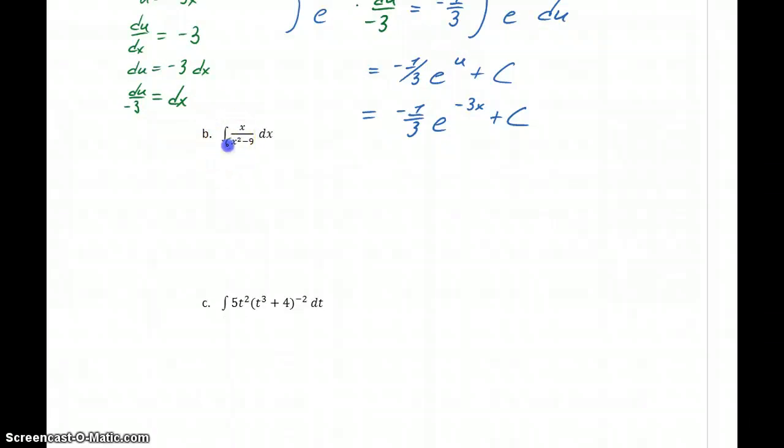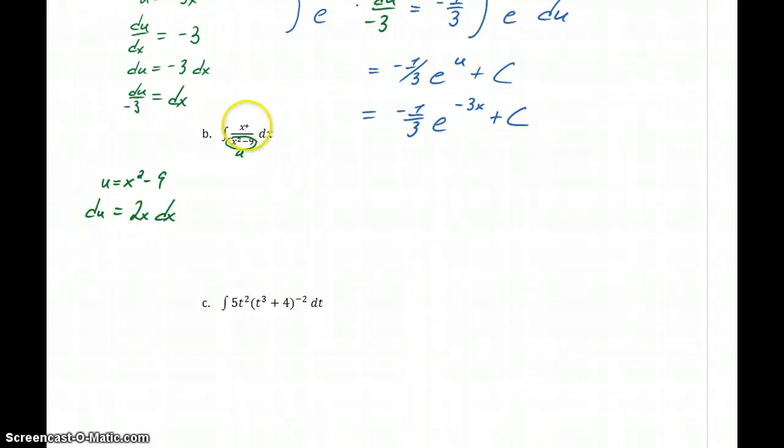So here we have our interior function is x squared minus 9. So we'll let u equal x squared minus 9. Taking the derivative of both sides will give us du equals 2x dx. So I'm starting to skip over some steps. That would be du over dx, and then we'd multiply both sides by dx, but that pattern's the same each time, so I'm just going to skip over that step and just rewrite this as du equals 2x dx.